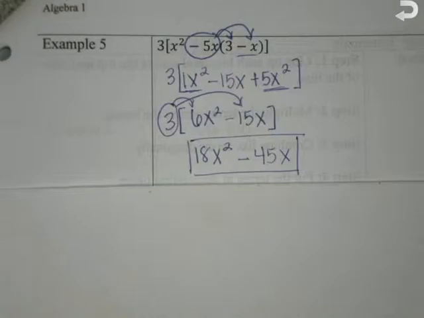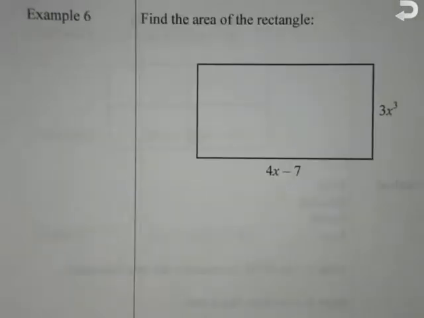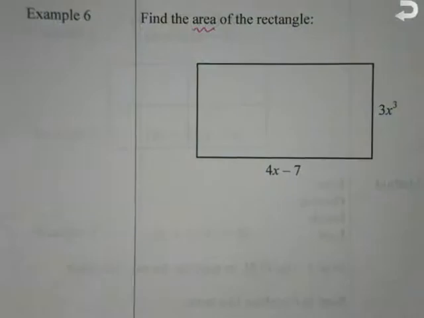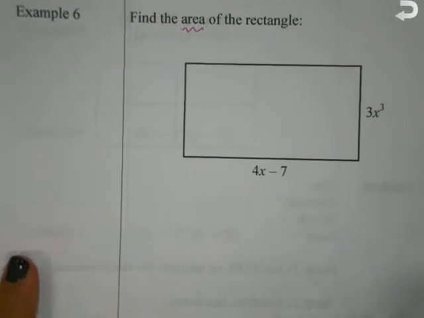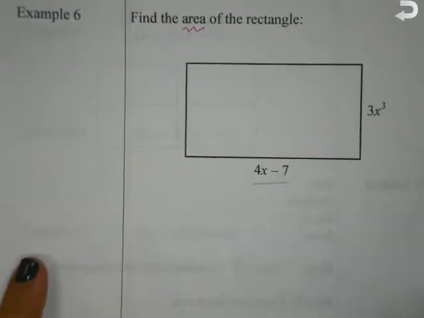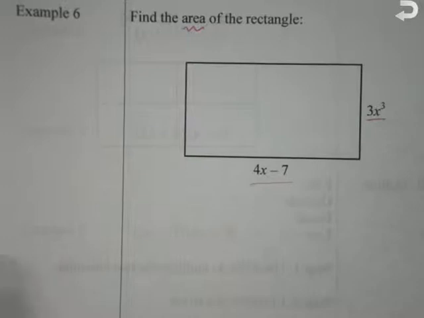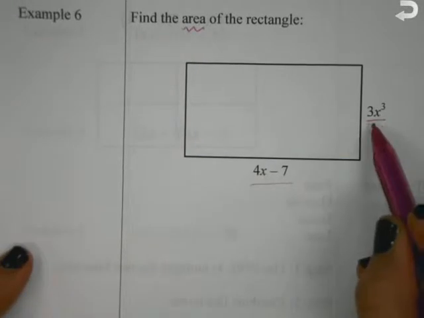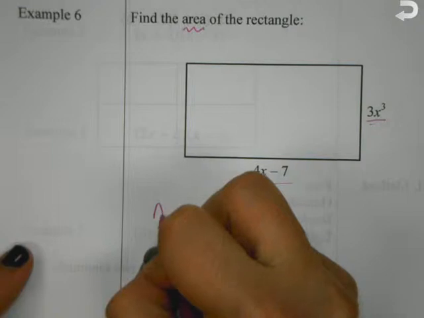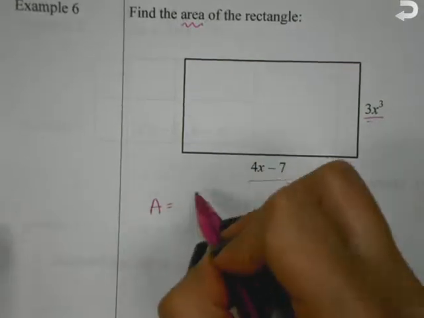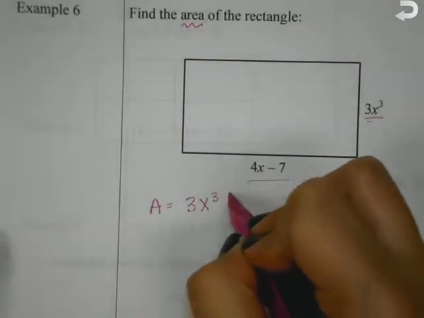Last problem, we want to find the area of the rectangle, not perimeter this time. Length is 4x plus 7, and the width is 3x to the third. Okay, guys, so when I am looking for area, what do I do? I multiply. So we're going to multiply length times width. So area equals 3x to the third times 4x plus 7.